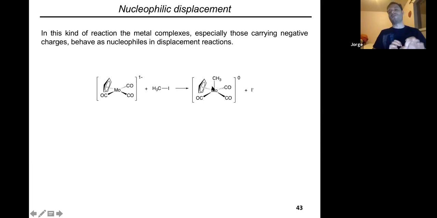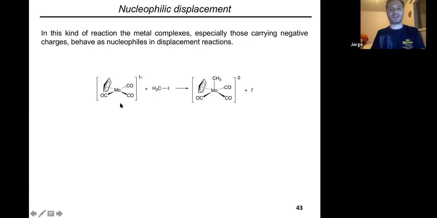Okay, very similar to the oxidative addition. However, only part of the reagent is added, therefore it's called nucleophilic displacement. All right, similar to organic chemistry.